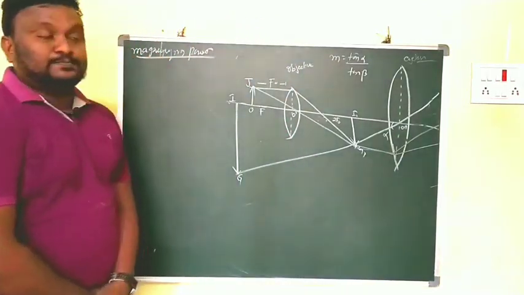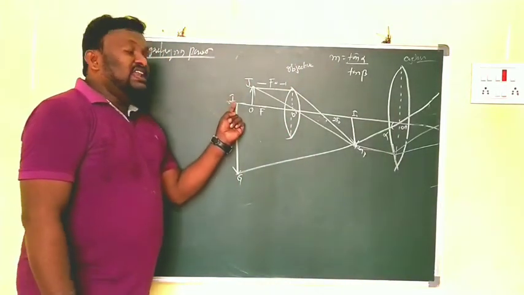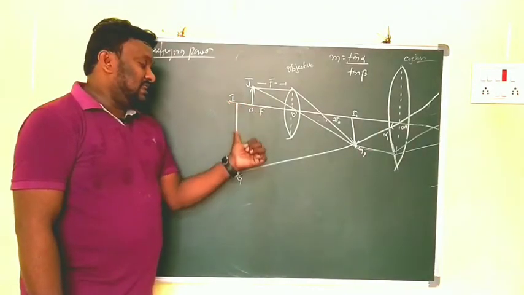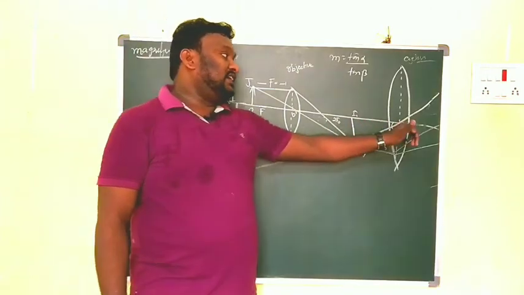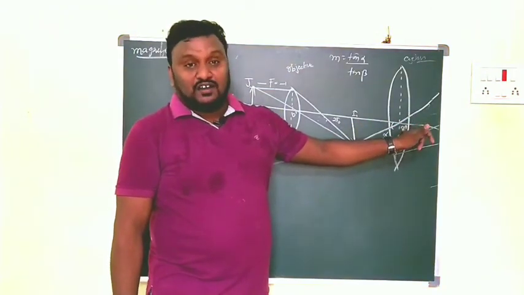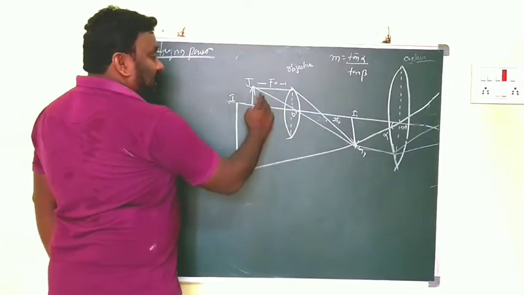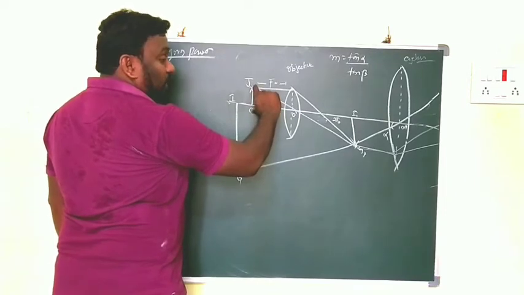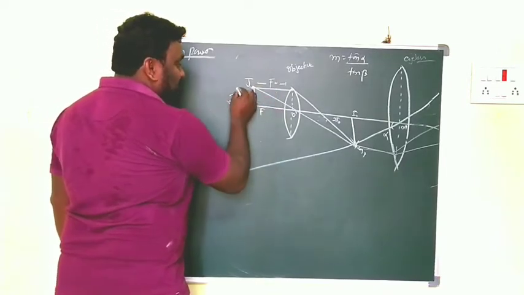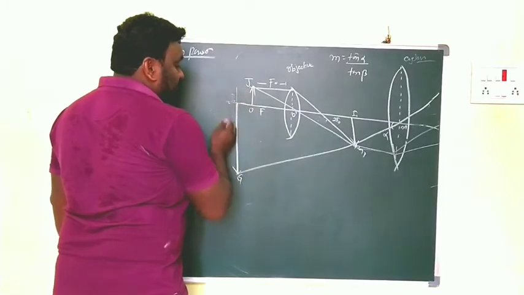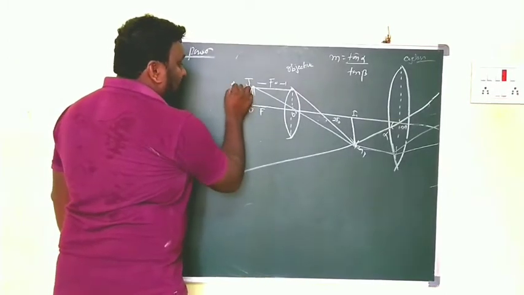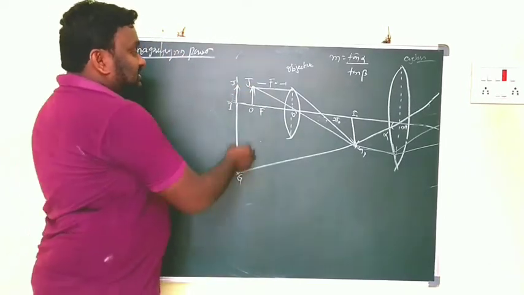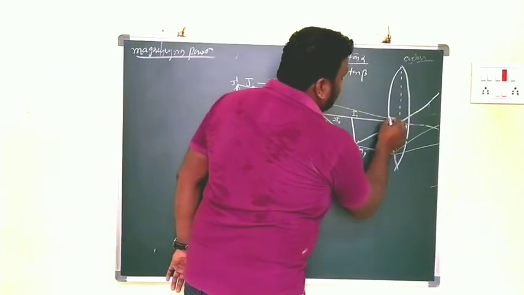Alpha is the angle subtended by the final image at the optic center. Now we have to keep the object at the position of the image here. This is Ij dash. Clear? This Ij dash will make some angle here, that should be beta.